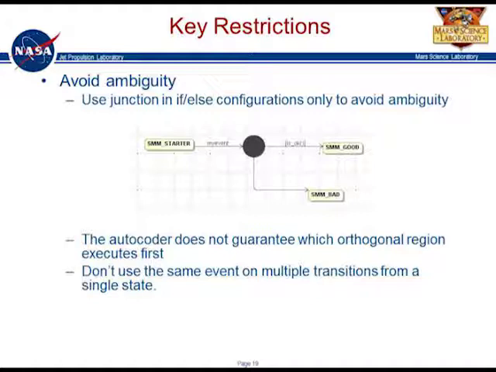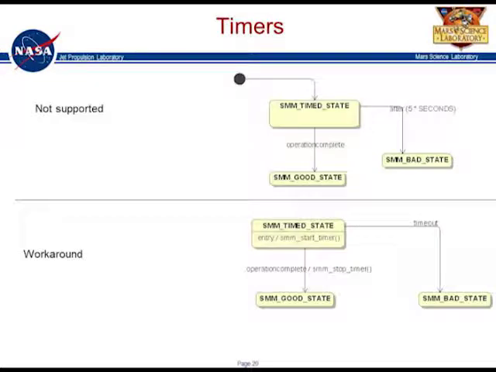So each event only comes out of a state once. And these are all just to avoid ambiguity. Okay. Timers are part of the UML spec, but we chose not to implement that. So we just used good old C code to implement timers and create our own timeout event. That doesn't seem to have been a problem.